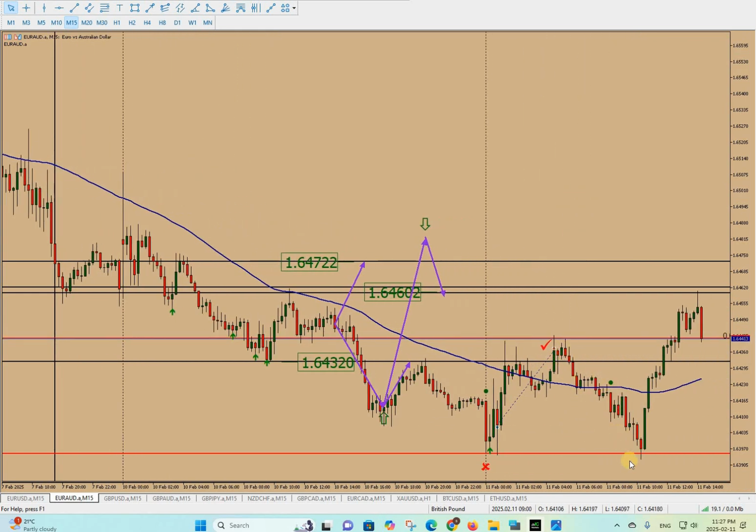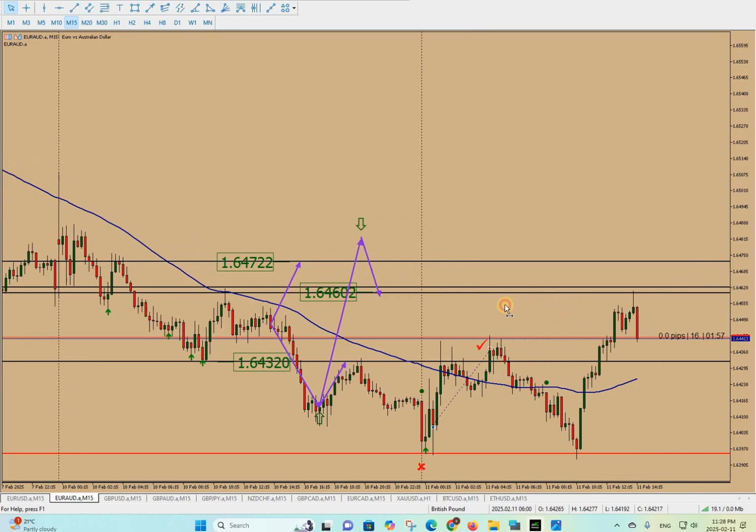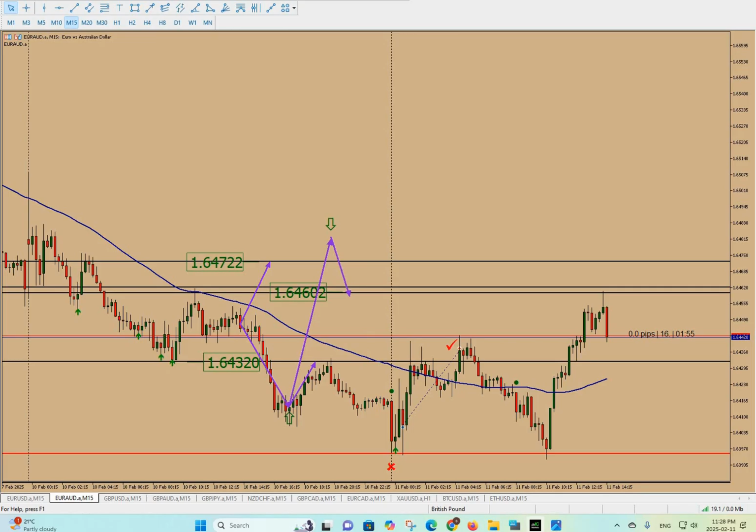The market came back, bounced again, and now it's gone up. So what are we waiting for now? If the price comes to our selling zone, and then if we get a signal to sell, we can sell it to this level.